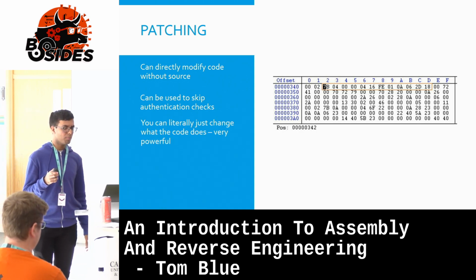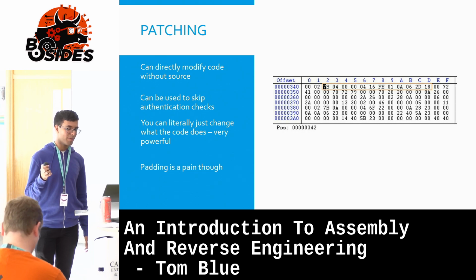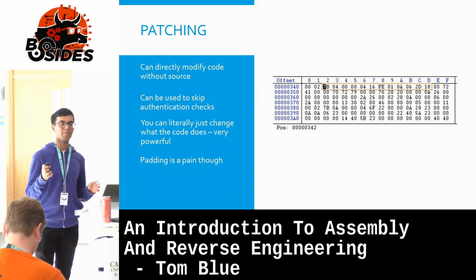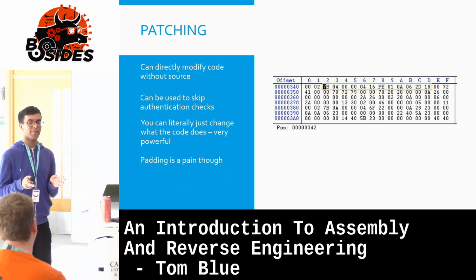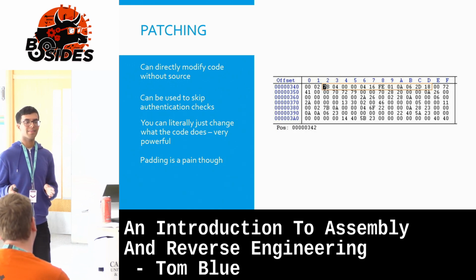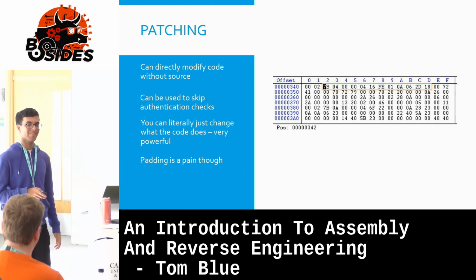You can pretty much change whatever the code does, which is very powerful. However, padding is a pain because the CPU requires things to be in certain length chunks, and when they're not, they have to be padded to be that length. If the padding is off, it will just not execute, and padding is a pain when you're patching.